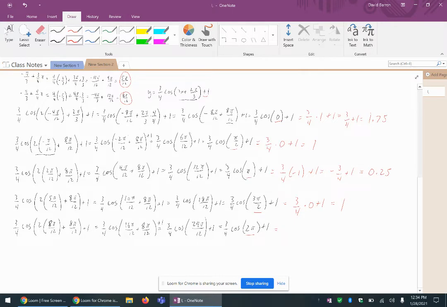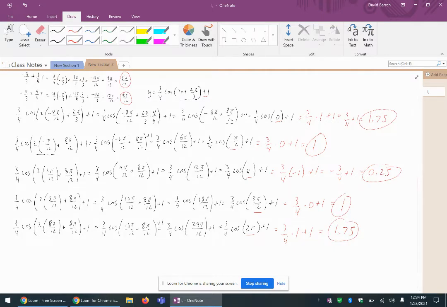Cosine of 2 pi is 1. And again, note there should be kind of a pattern all the way through this process, and there is. These are relatively nice numbers to plop on a graph.